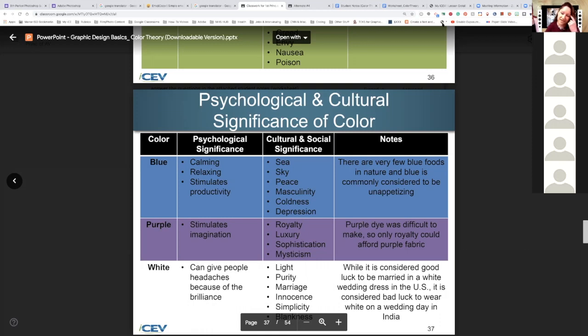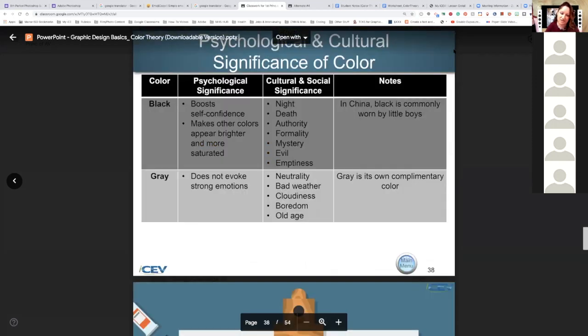Okay, finally, let's talk about the shades of black, such as gray. Please fill in the missing word for black and gray. Black, we usually think of powerful or confidence. People generally wear this when negotiating business deals. Business people wear this color a lot when they're making a big deal, like in a meeting. Gray is a complementary color, meaning it goes with everything.